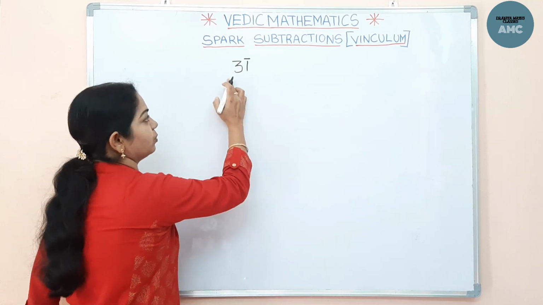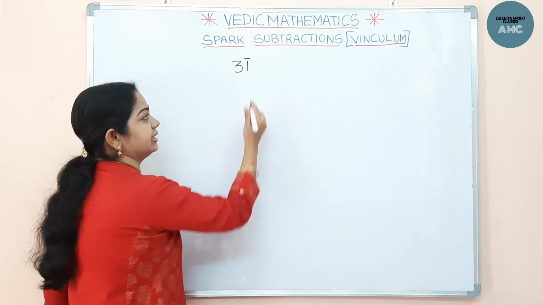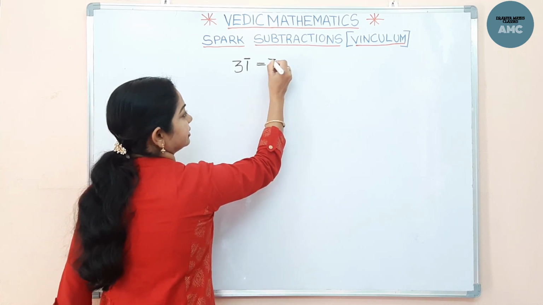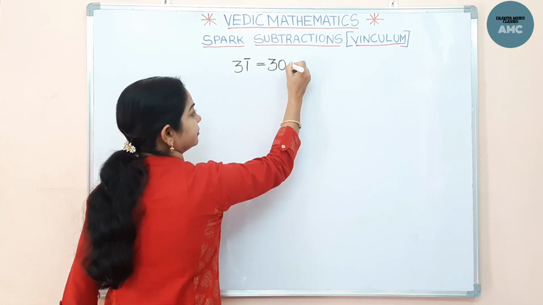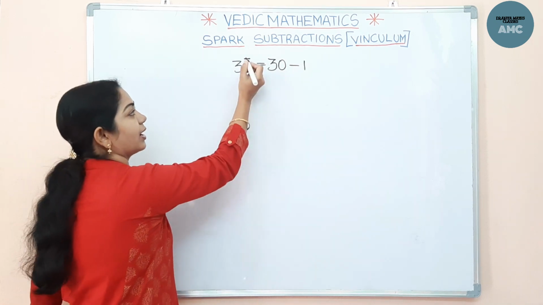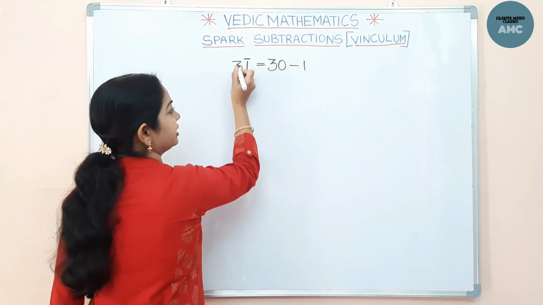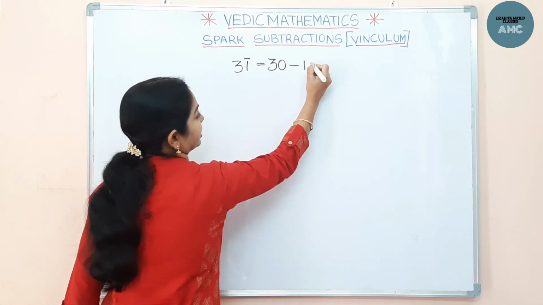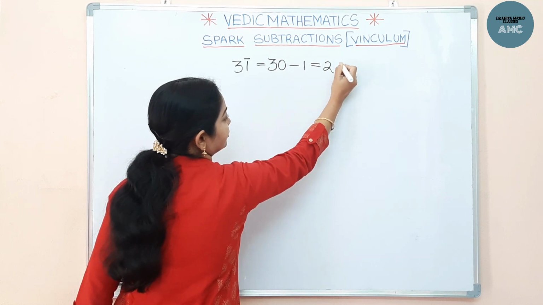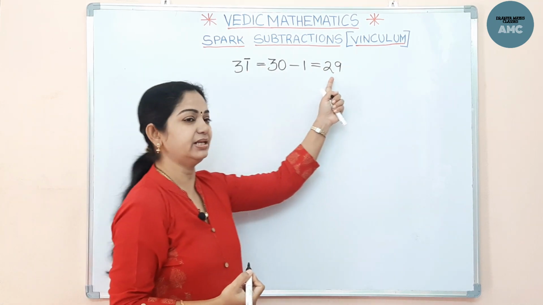But it is a Vinculum number, 31 bar. Now, what does it mean? It means 30 minus 1. So, the bar is placed on one number, that is 1. So, that means in 3, the tens place 30 minus 1. So, the actual number of this Vinculum number 31 bar is 29.